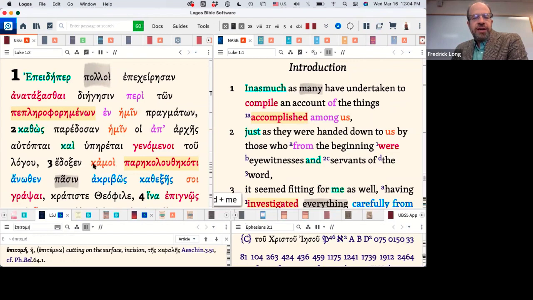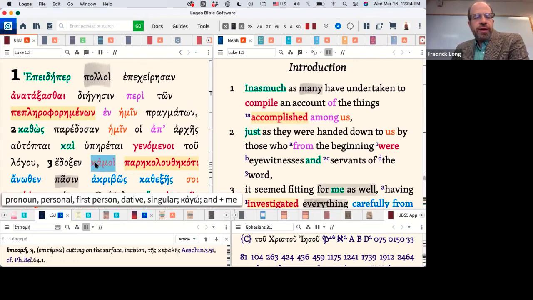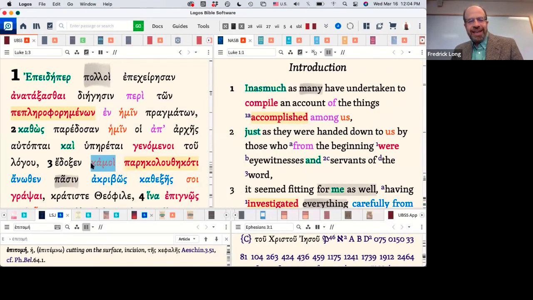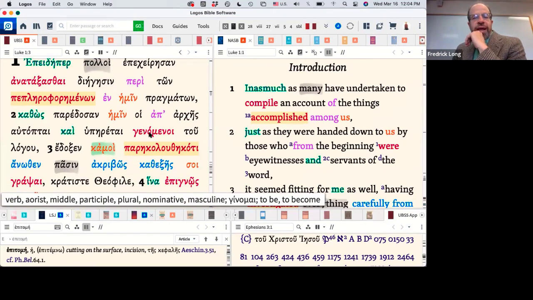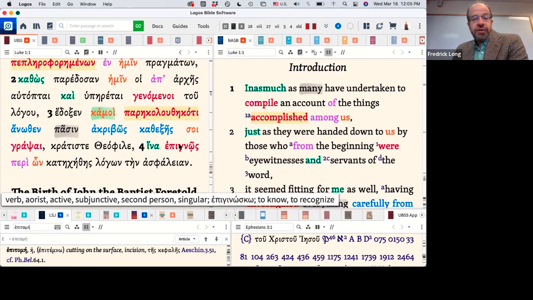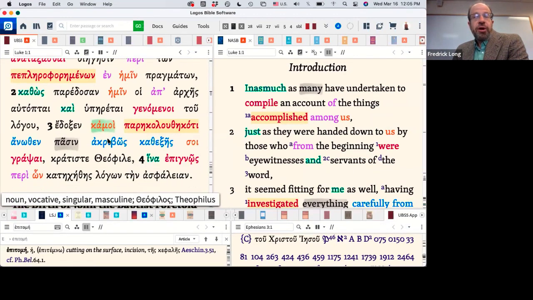In this case, you have a combination of a conjunction with a pronoun, kai plus a pronoun, so I might put a green highlight on that just to alert me that there's something else going on there. Red are non-indicative moods, so infinitives, participles, subjunctives. And then blue are adverbs. And then there's some other additional marking.